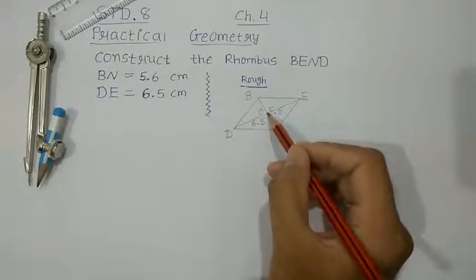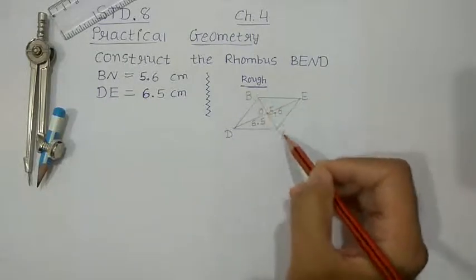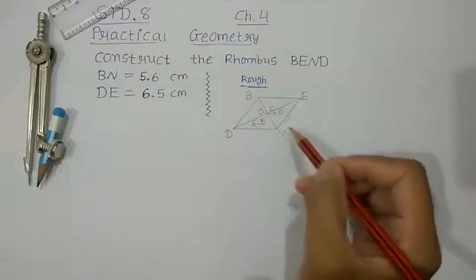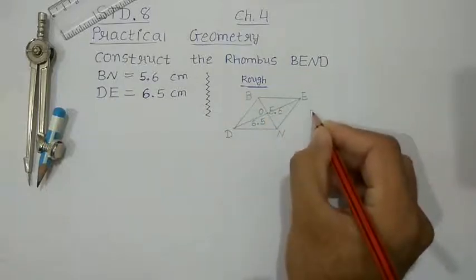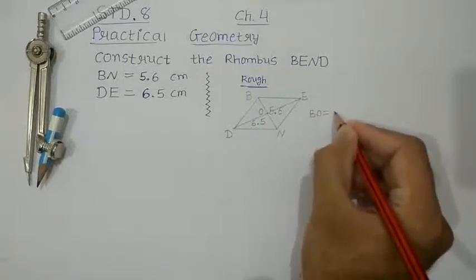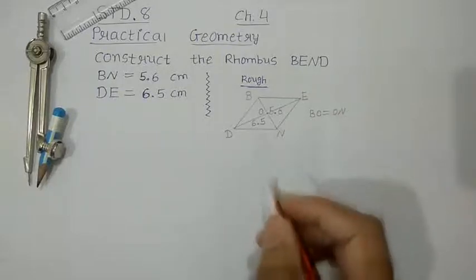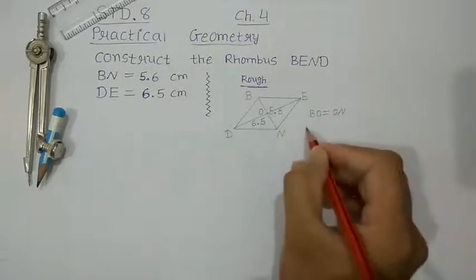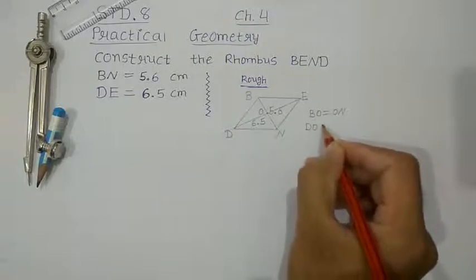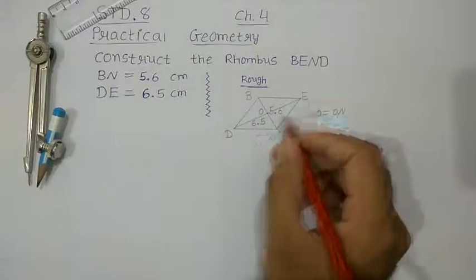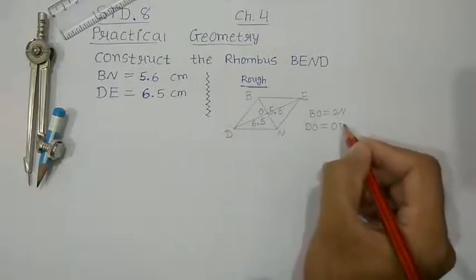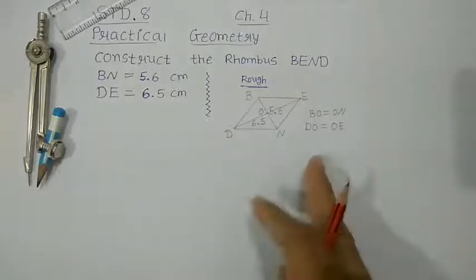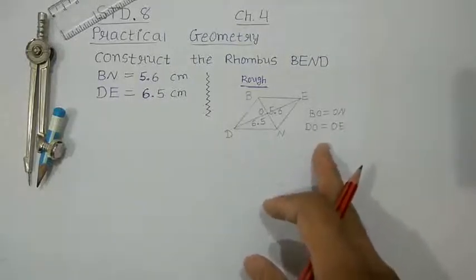Then O will divide BN into equal parts, like BO is equal to ON, and similarly DO is also equal to OE. This is the property of the diagonals of a rhombus.